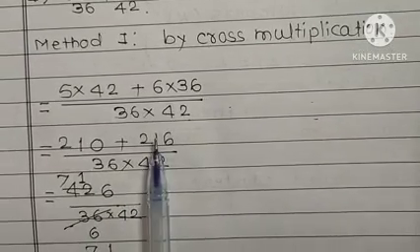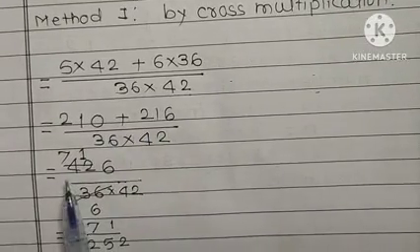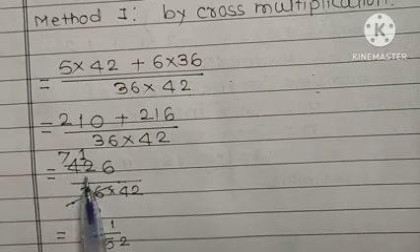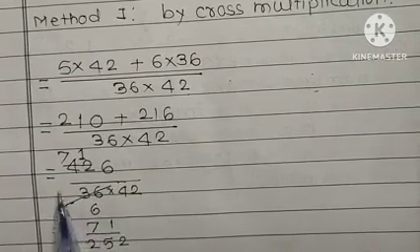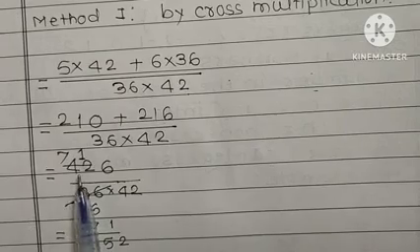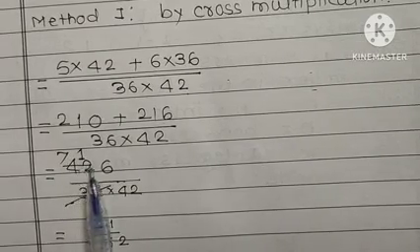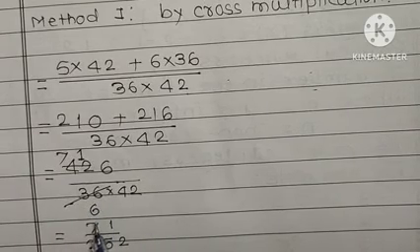Now adding 210 and 216, this addition will be 426 upon this. Now simplify this ratio. You can divide both numbers by 6. 6 6s are 36, dividing by 6.